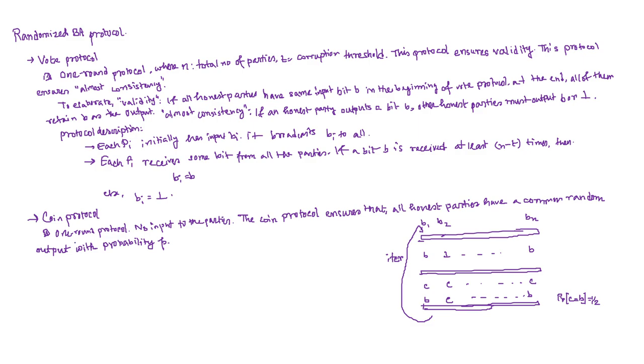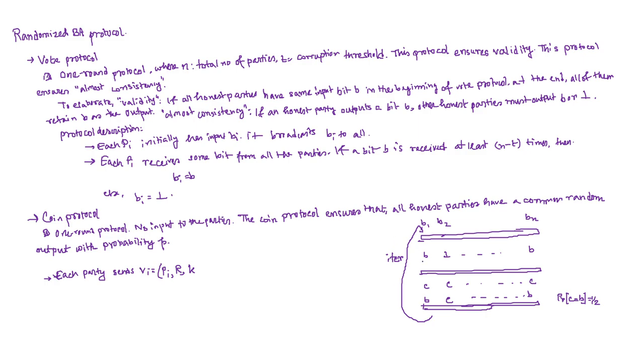And the coin protocol is instantiated with the help of a digital signature scheme. So in the coin protocol, basically each party sends some value vi consisting of its own party ID, some publicly known random string r, and k, the iteration number, so this is one particular iteration, right?